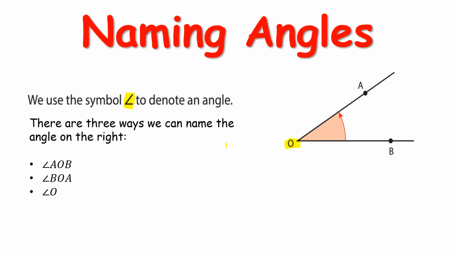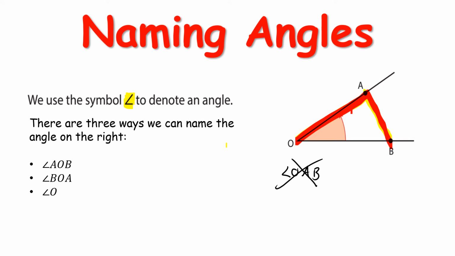Now, one question that usually comes up here is, can I say that this is angle OAB? And that is incorrect, because if you start at O and you go to A and you come to B, oh, that is definitely not B. Let me try again. So you go from O to A and then to B, you're actually drawing a different angle.